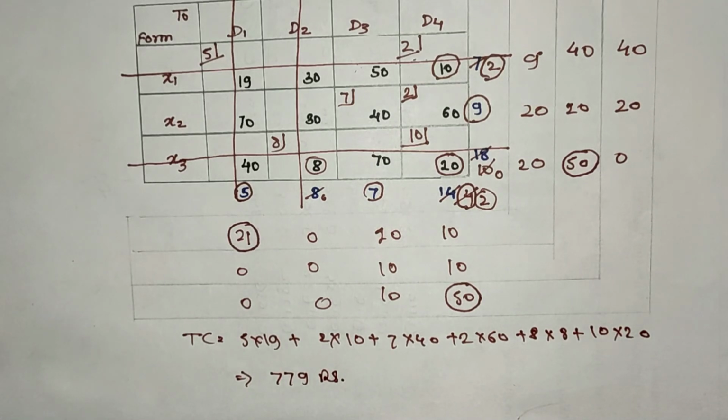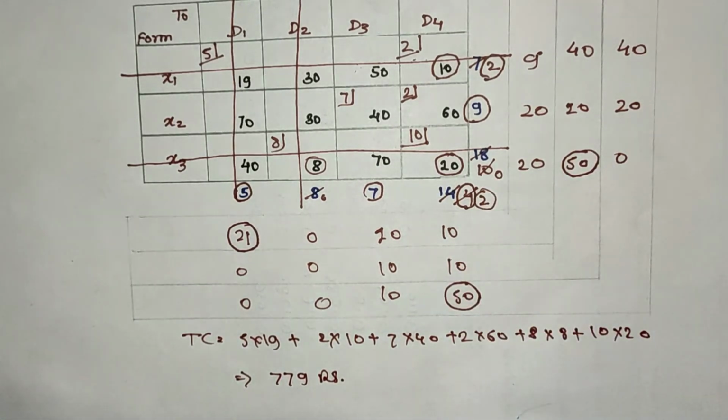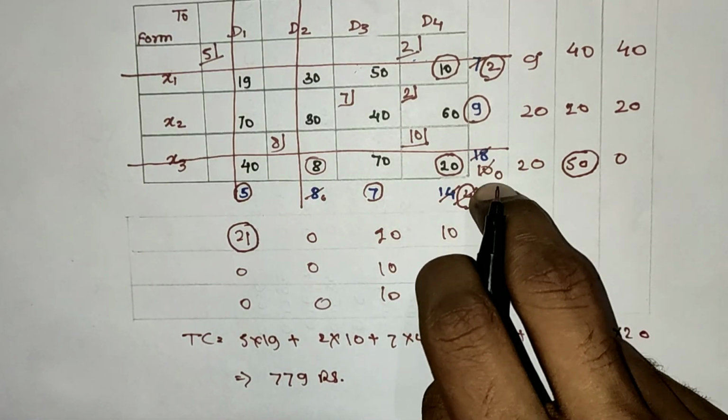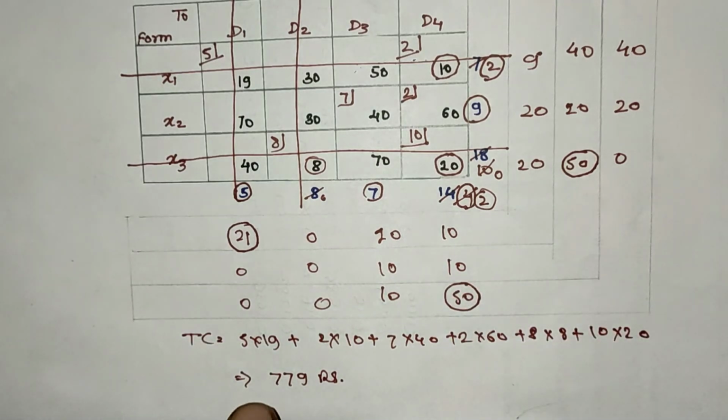As you can see, from Vogel's method, for the same problem we got a transportation cost much less than the least cost method. This method is the most suitable way for the suppliers to reach the destination and reduce the transportation cost. So I hope you understand today's concept.